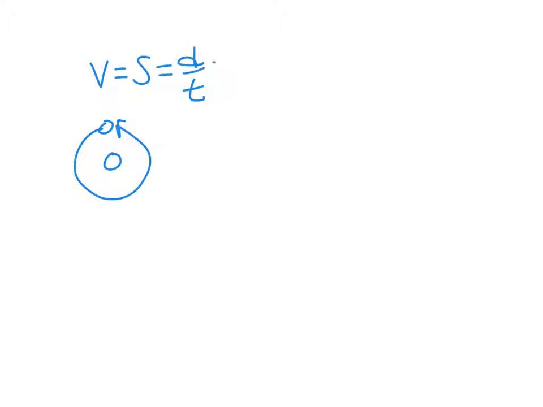So first, to calculate the velocity of the moon, we're going to use the idea for speed, which is distance over time. And the distance that the moon travels as it goes around the Earth is the circumference of that circle, which is 2 pi r. And the time is the period, which is 27 days. So we can convert that. We know that 1 day is 86,400 seconds.